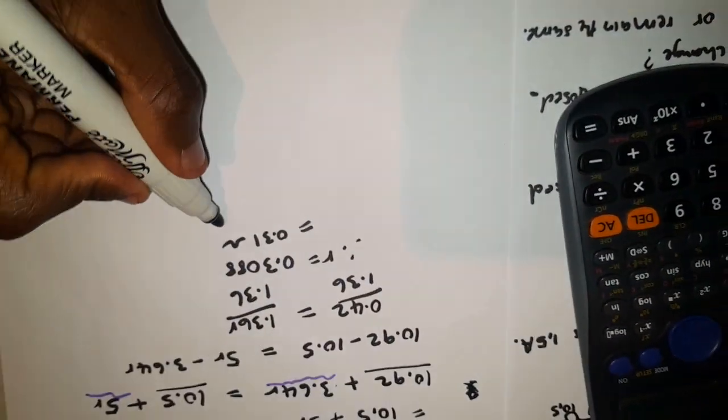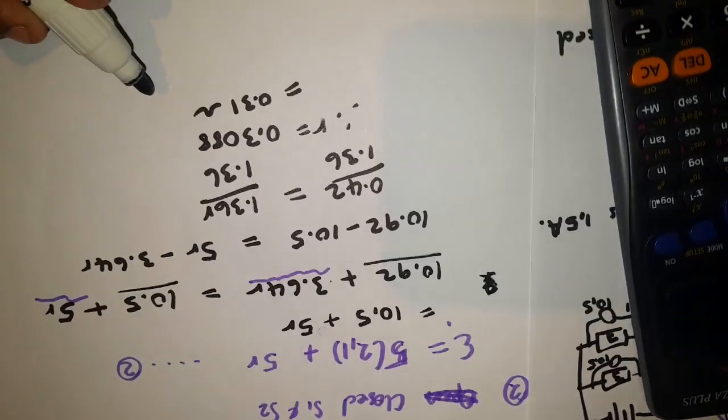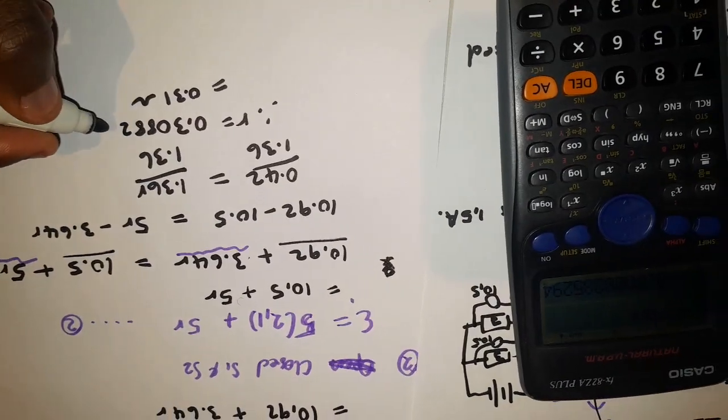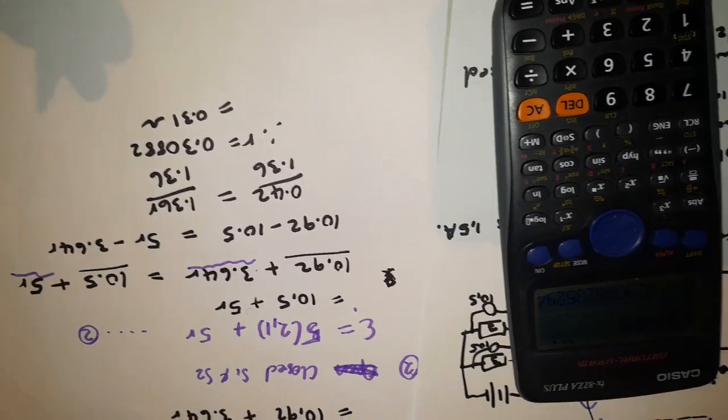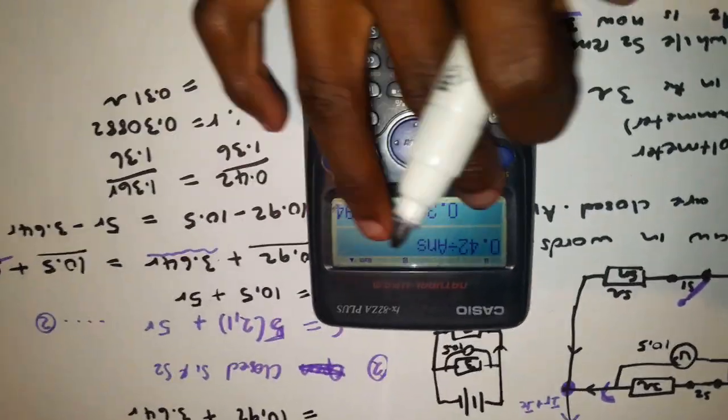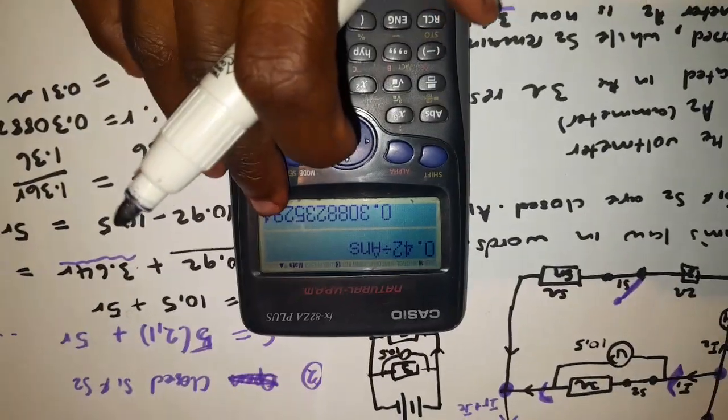Rounded off it's 0.31. But for now, let's not round it off, so that when we calculate, we'll use this one and it may not affect our answer.